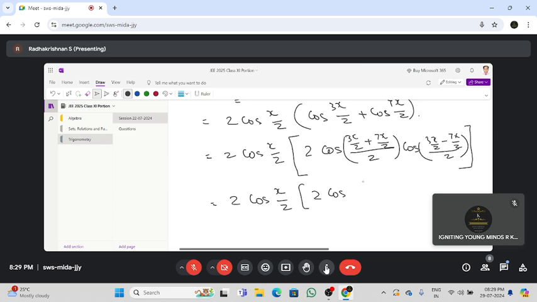Sir, I got the answer like 2 cos x by 2 in bracket 2 cos 5x by 2 cos x, sir. Cos x. 4x by 2 to be correct. What Varshini said is right. 2 cos 5x by 2 cos x. Is that what you got, Geeta and Ajay? Yeah.